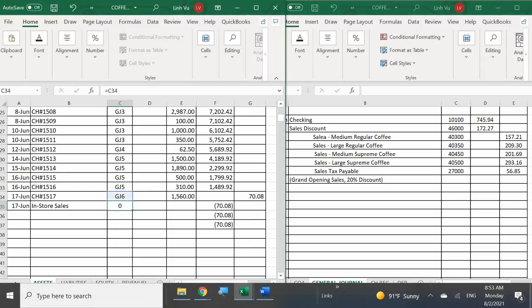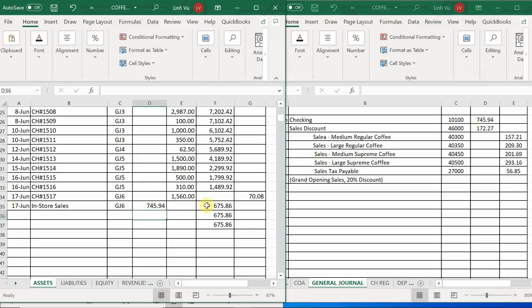Okay. And how much am I increasing my checking account for? So then now my bank account is finally back into the positives for $675.86.